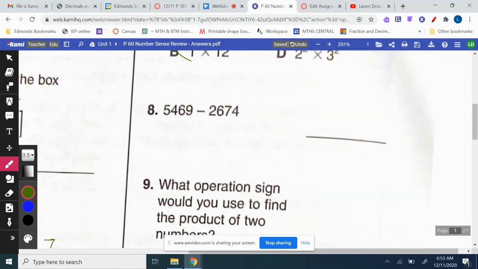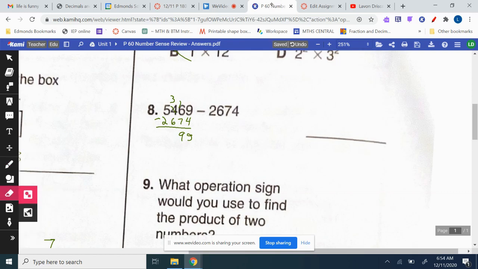We need to subtract this, so I'm going to bring this down here. Remember, you can use a calculator. 9 minus 4 is 5. Can't take 7 away from 6. I gotta borrow. That becomes a 3. 16 minus 7 is 9. I'm going to erase that because it doesn't look like a 5. 3 minus 6.